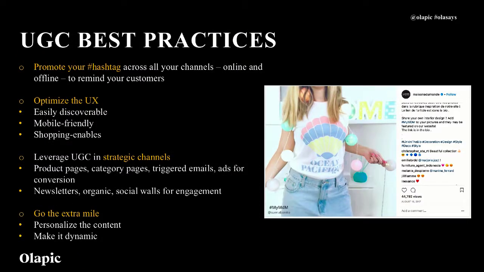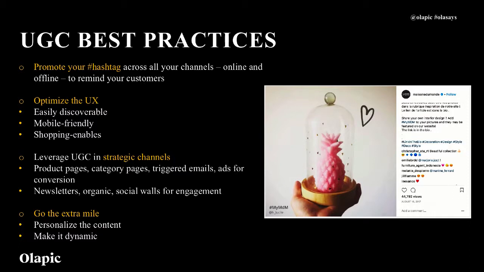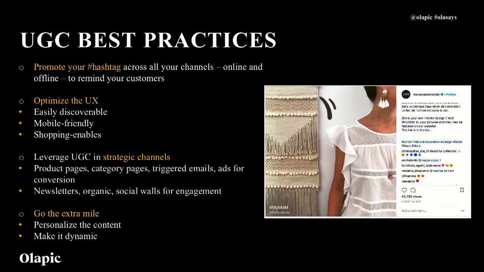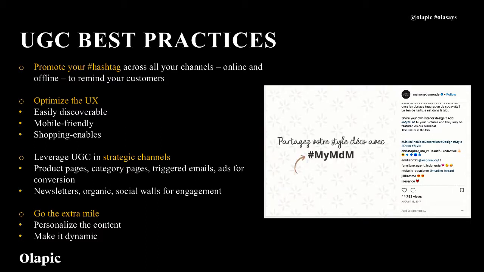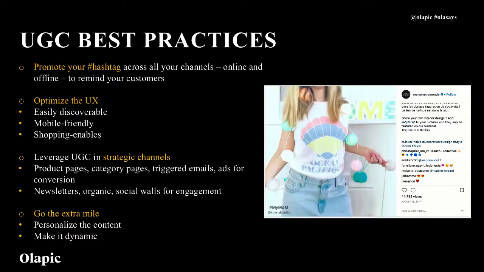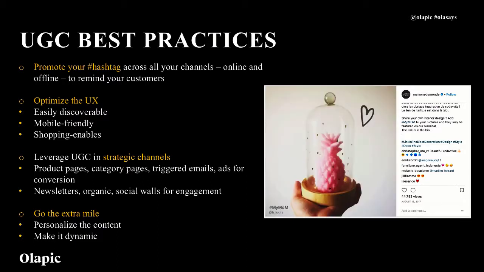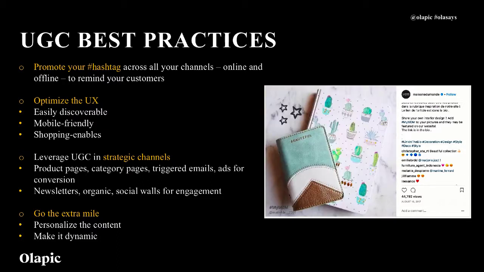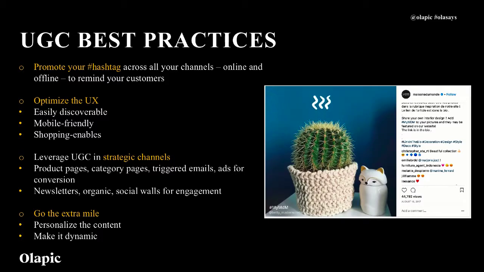To close the UGC chapter, I would like to recap some key takeaways for you to build a successful omnichannel UGC strategy. First, it is important to promote your hashtag in strategic places to encourage your consumers to share content with you to build your content database. Second, make sure to optimize the UGC user experience in a way that relates to your audience.